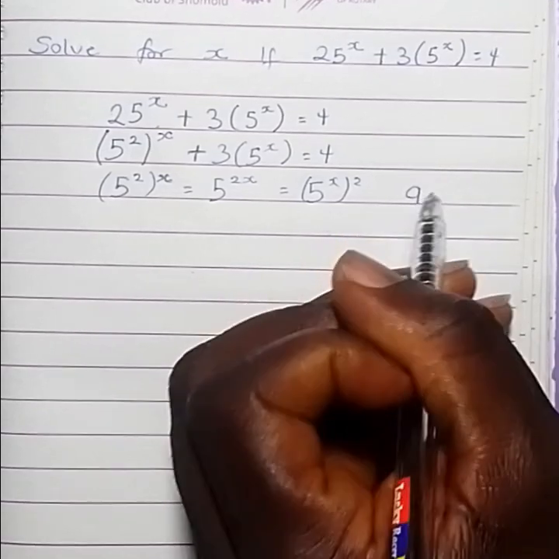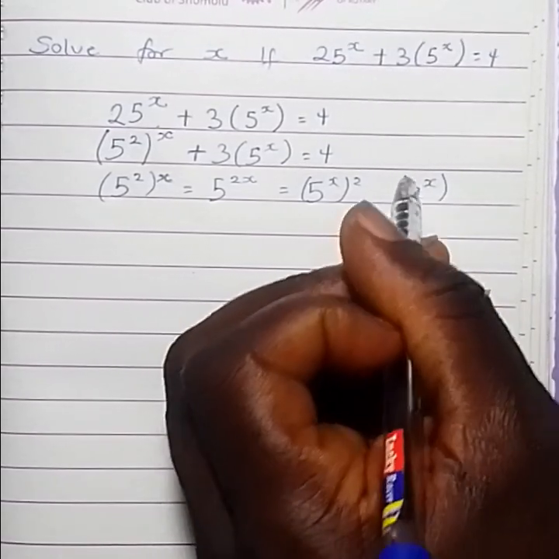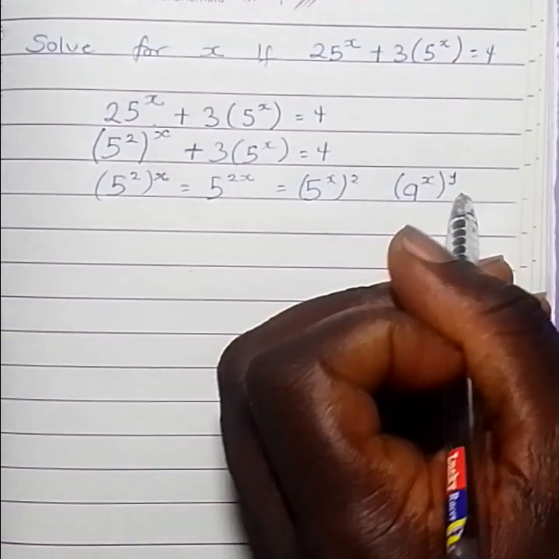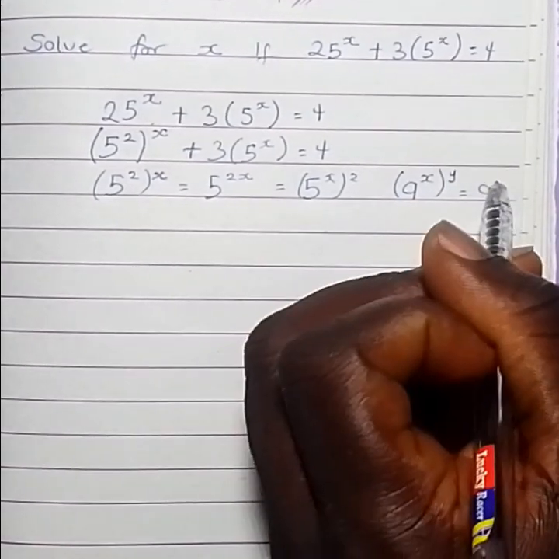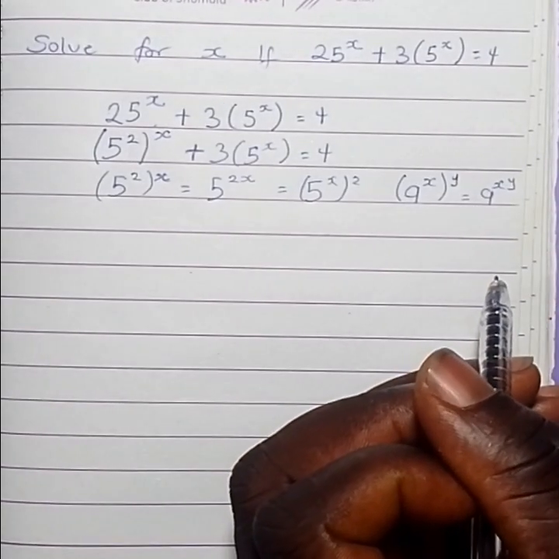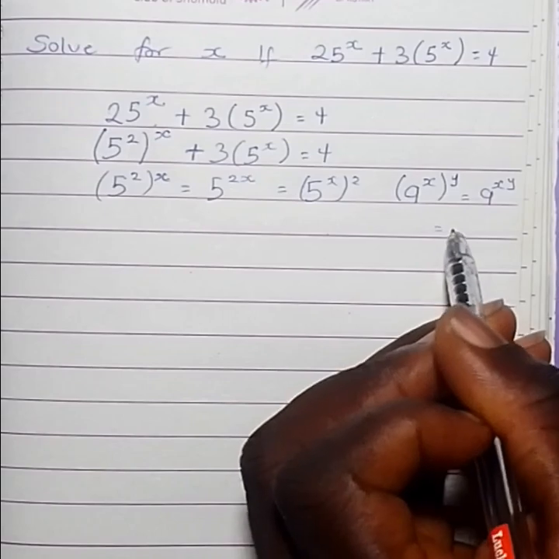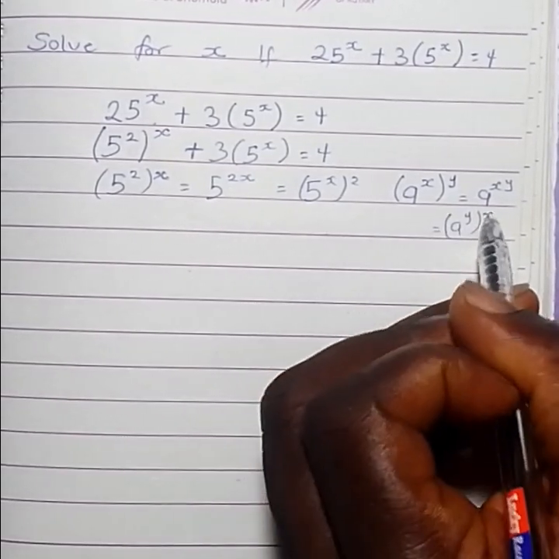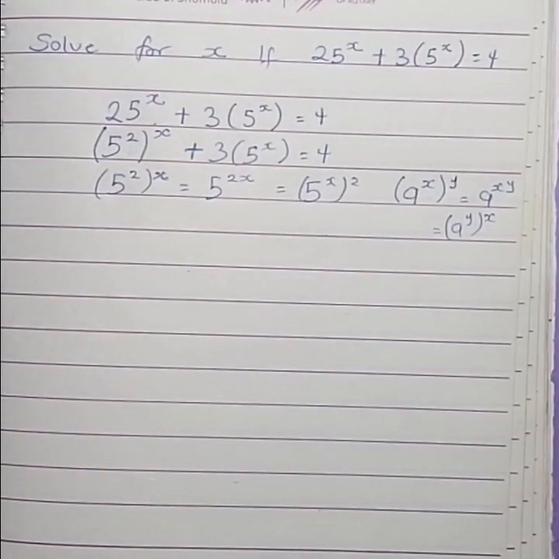There is a law of indices that says a raised to the power of x then y is the same as a to the xy, as well as a to the y then x. They are all similar.